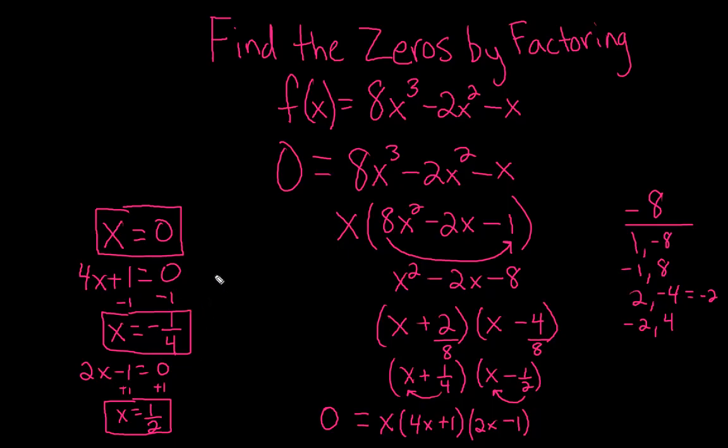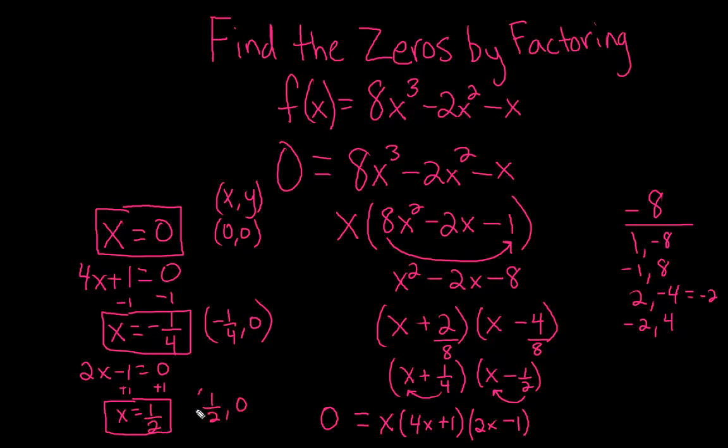And the way that we would label this is that any x-intercept would have a value of y equals 0. So if we listed these as xy coordinates, the x-intercept here would be 0, 0. Our x value here is going to be negative 1/4 with a value of 0 for y. And for 1/2, our value of x is 1/2.